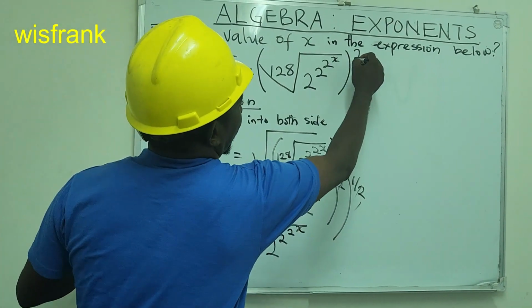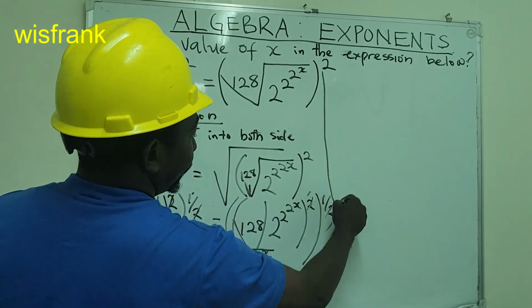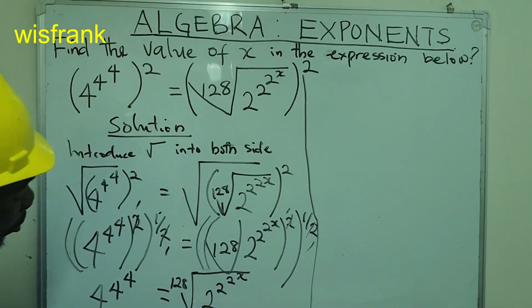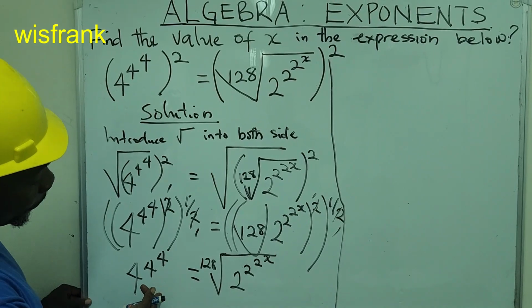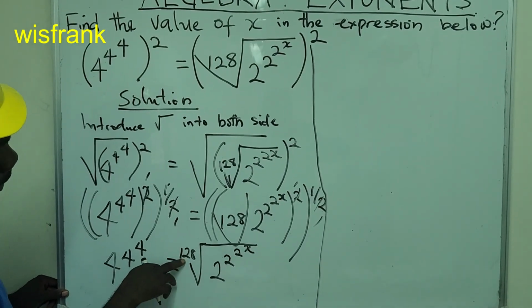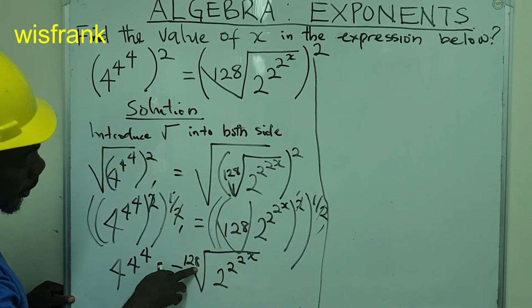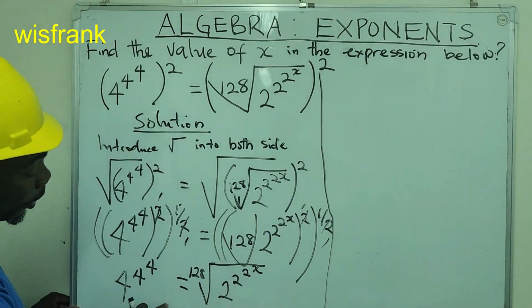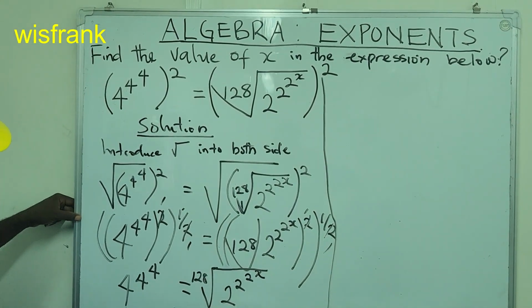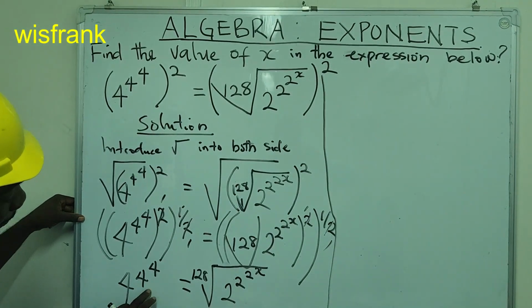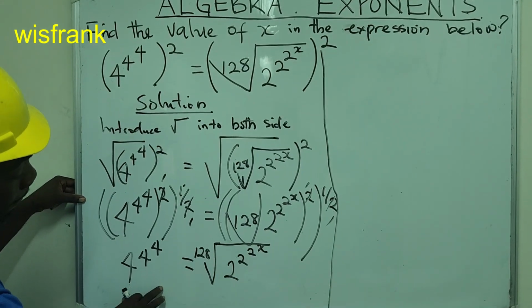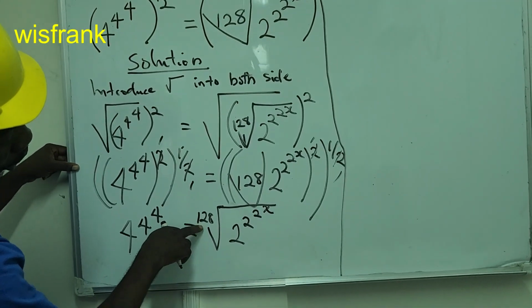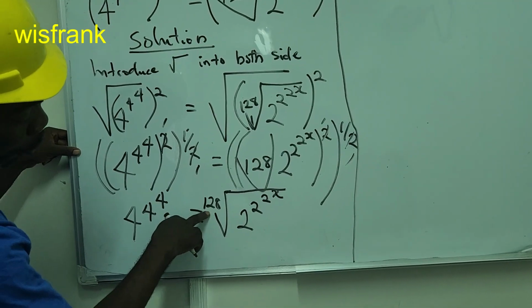So we are going to divide our board into 2. Here, for us to eliminate this 128 root, we need to multiply both sides by the square of 128.